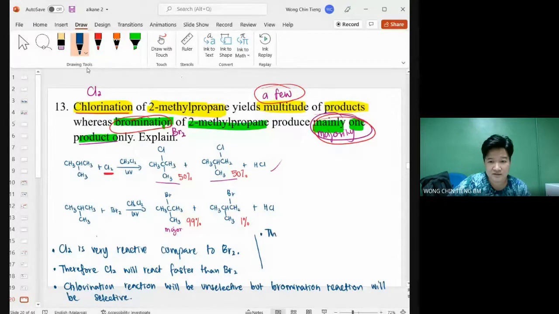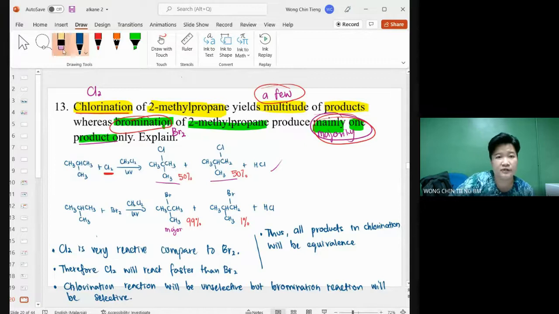Therefore, thus, nak bagi ayat yang kamu boleh guna dalam semua exam. Thus, all products in chlorination will be equivalent to each other. Will be equivalent amount. Boleh lah. Sama banyak. Okay, boleh. Alright.